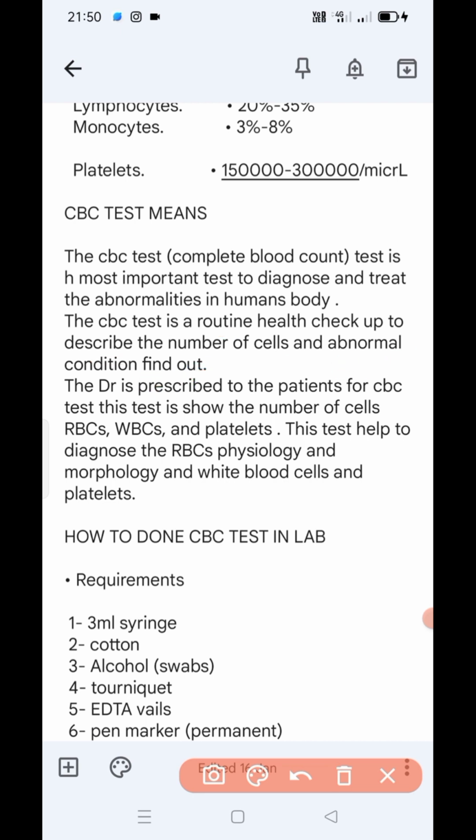The doctor prescribes the CBC test to patients. This test shows the number of cells: RBC, WBC, platelets. These tests help to diagnose the physiology and morphology of RBCs, white blood cells and platelets.